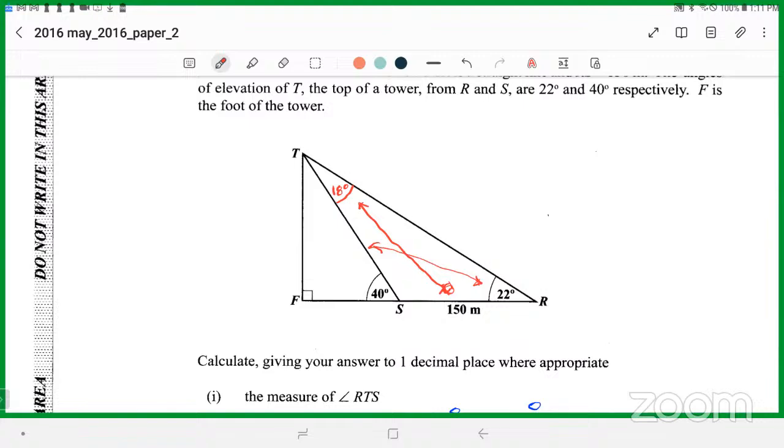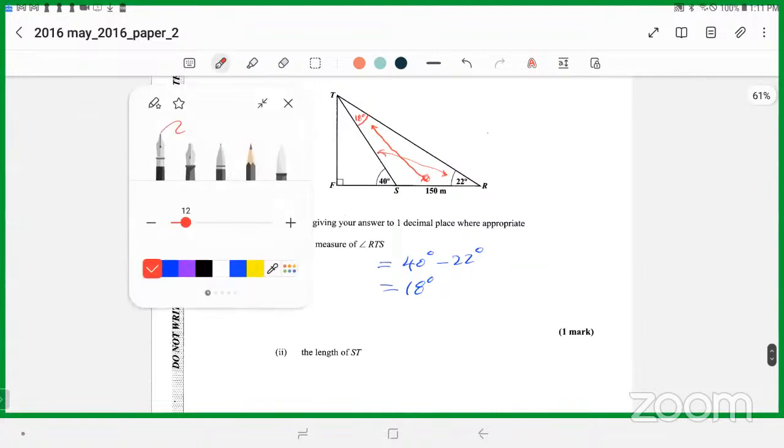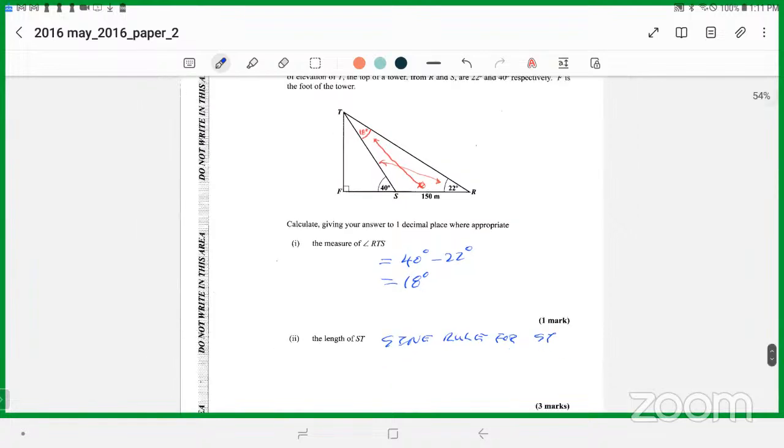I'm going to use the sine rule on that pair. So sine rule, tell the examiner: we're using the sine rule for ST. So it's going to be ST over the sine of the angle opposite to ST.